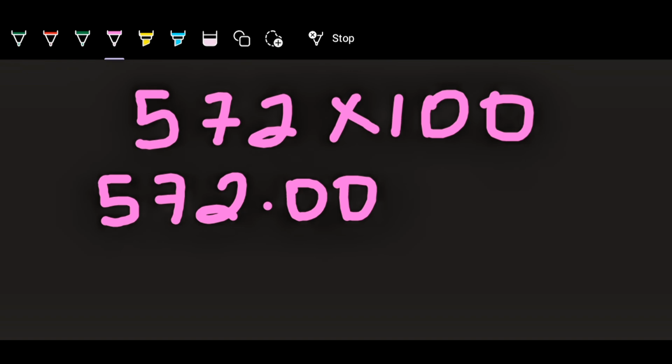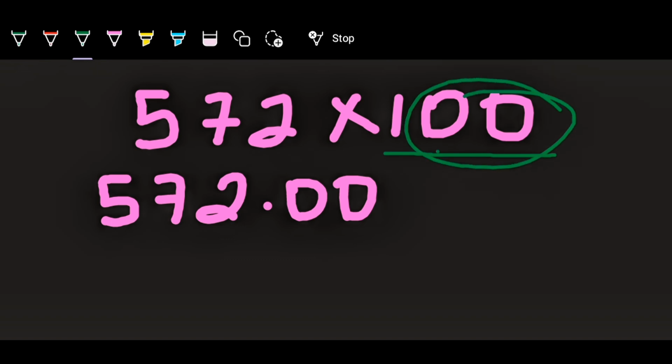So how would we multiply a number like this? We should also take into consideration that it is being multiplied by 100. And we know that when we're multiplying by tens, hundreds, thousands, etc., all we would have to do is move the decimal place with the amount of zeros that we have there.